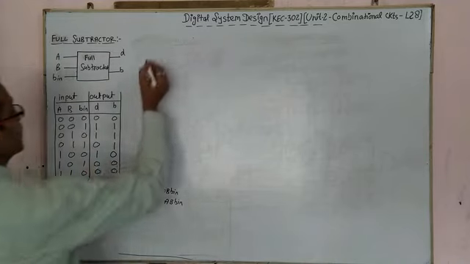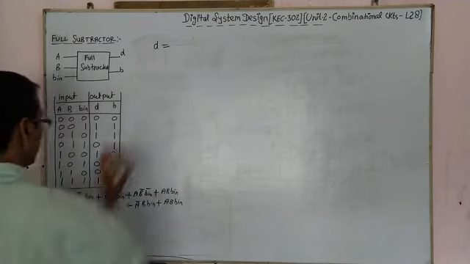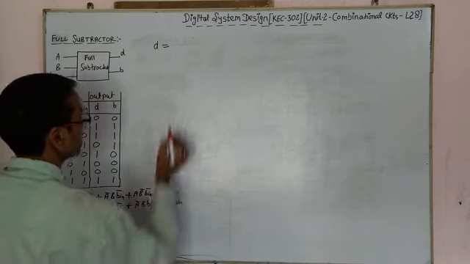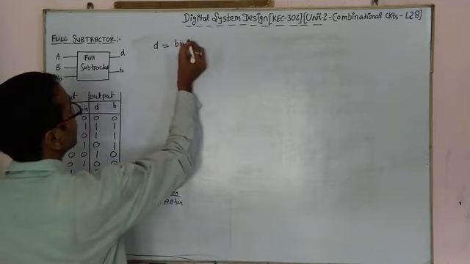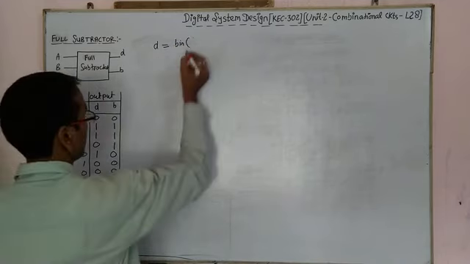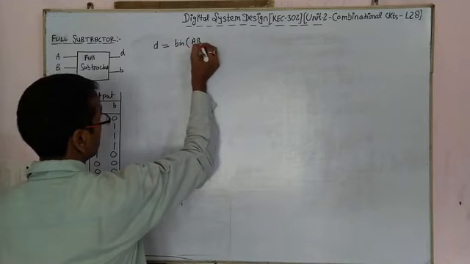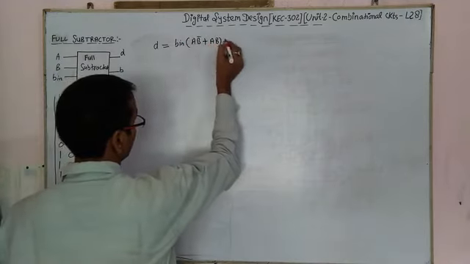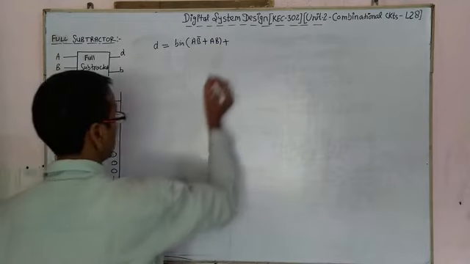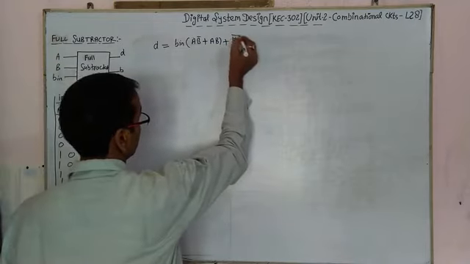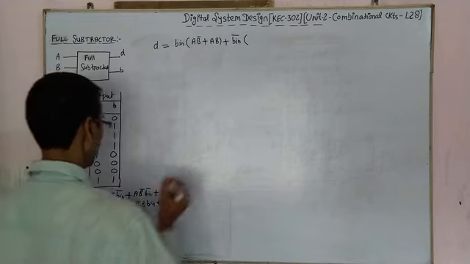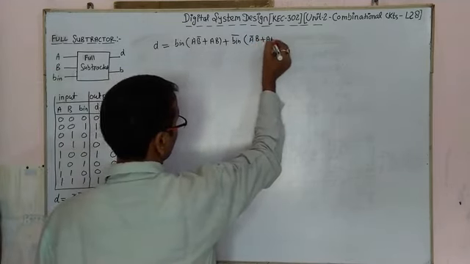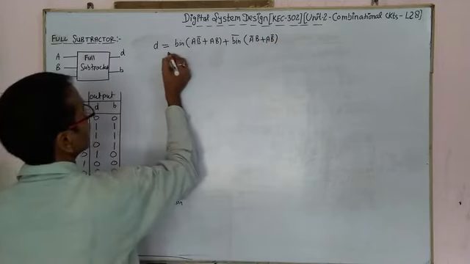First of all we will solve D. Take B in common: B in times (A bar B bar plus AB), and take B in bar common: B in bar times (A bar B plus A B bar).